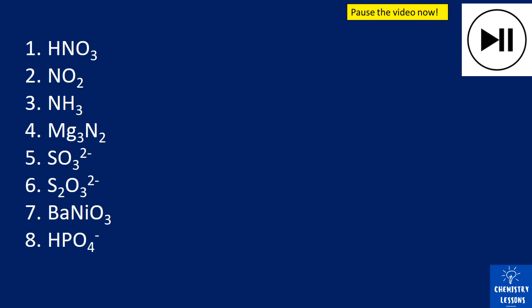Right, I'm not going to do all the scribbling and working out, but I'll talk you through them. So oxygen is always -2, hydrogen is +1, and therefore the nitrogen turns out to be +5. So nitrogen is +5, oxygen -2, hydrogen +1.